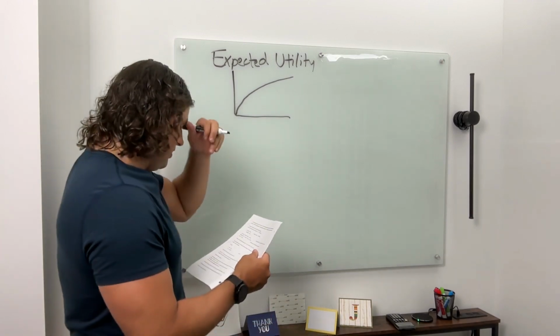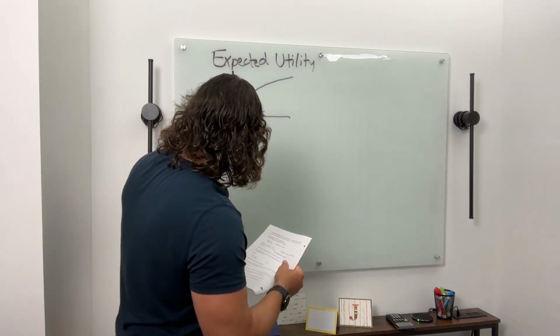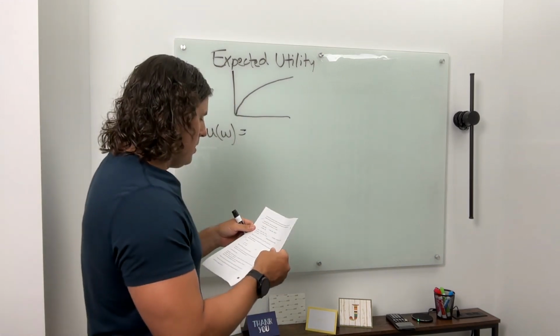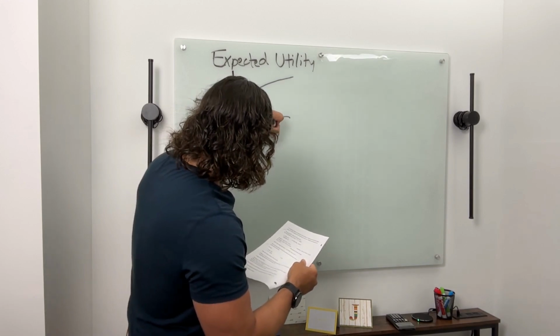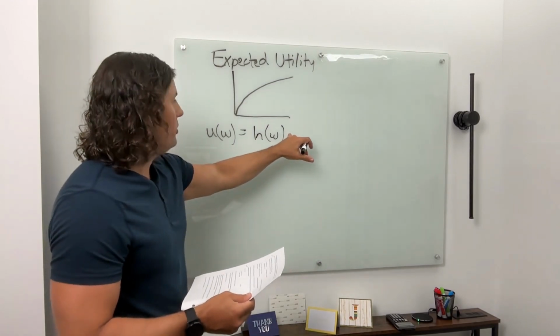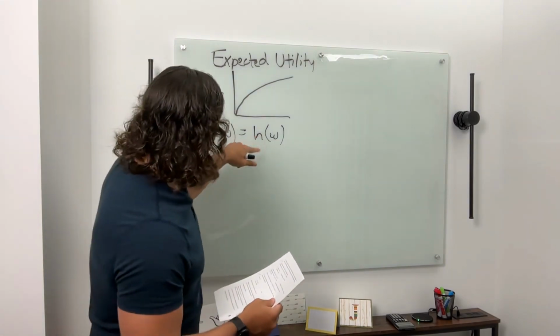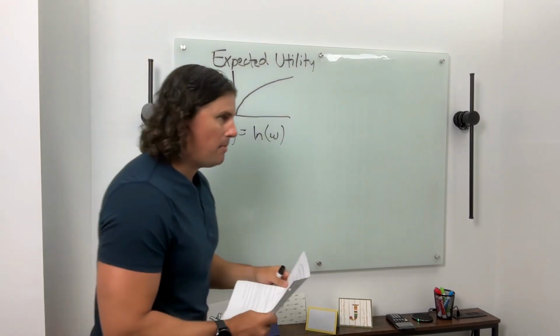But our utility function is utility of w is natural logarithm of w, which is our wealth. And then we can multiply this by the probability of this happening. So I'll show you this in just a moment.